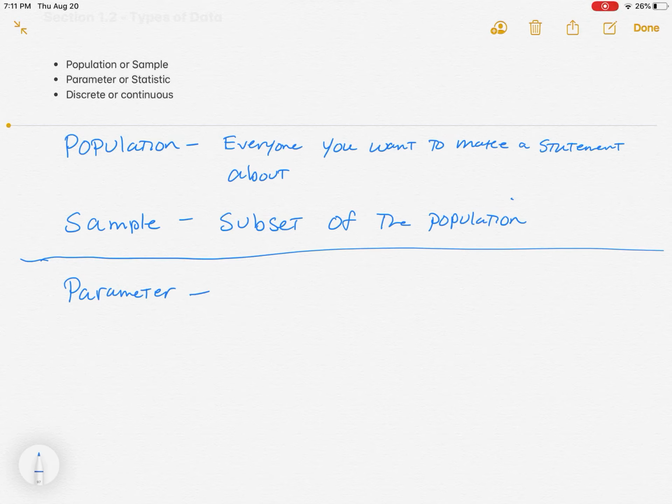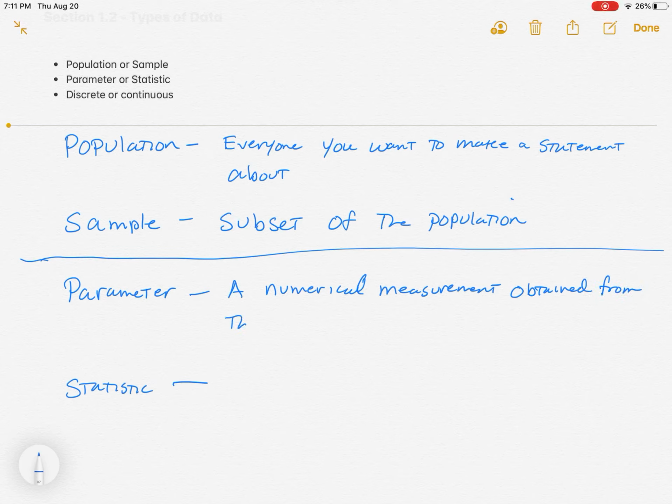Parameter versus statistic. We often use the word statistic wrong in our day-to-day conversations. A parameter is a numerical measurement obtained from the entire population.